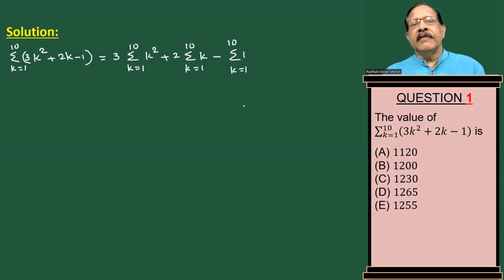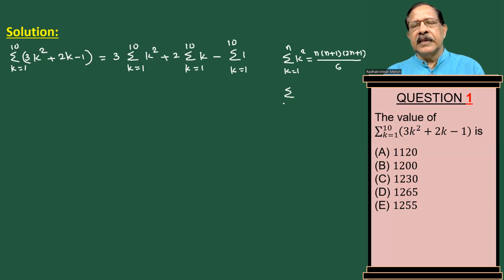So here we are using the result: sigma k equal to 1 to n of k square is equal to n into n plus 1 into 2n plus 1 divided by 6.